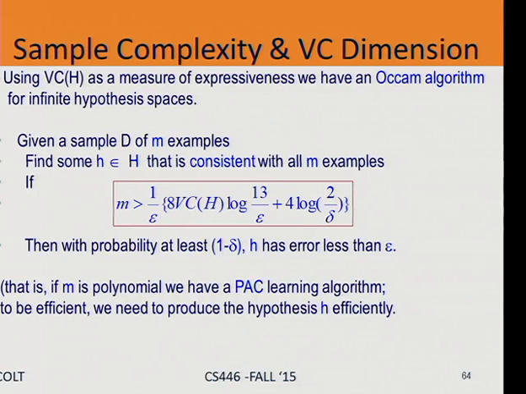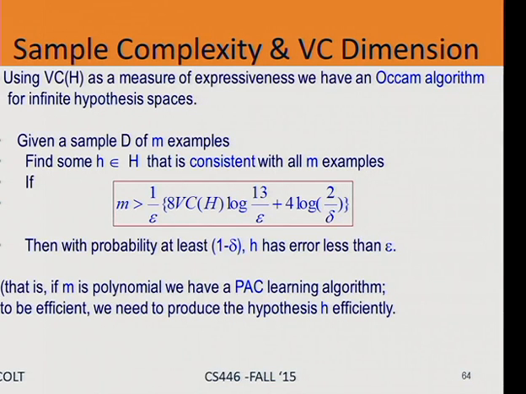If M is larger than this, where, again, forget the numbers here. What's important here is that you're proportional to the VC dimension of H that replaces the size of H. You're inversely proportional to epsilon, and you're inversely proportional to delta. So if M is this large, then with probability at least 1 minus delta, H has error less than epsilon.